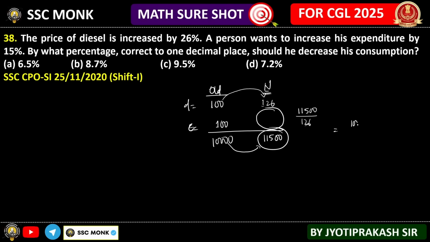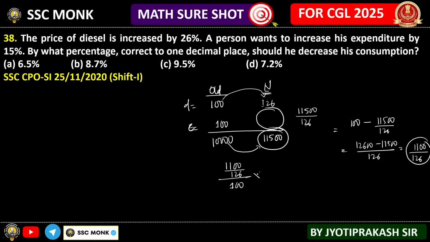I will simply do 100 minus 11500 by 126. So 12600 minus 11500 divided by 126. So this much is decreased from 100, into 100%. Zeros cancel. So whatever I find, that will be my answer.